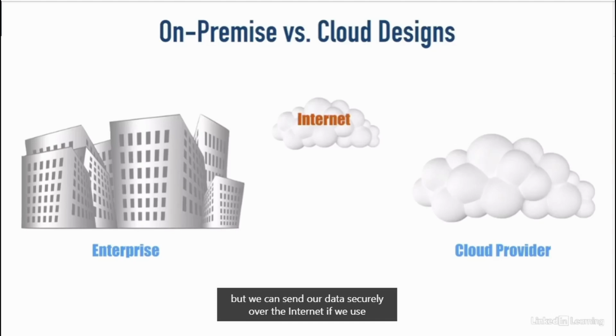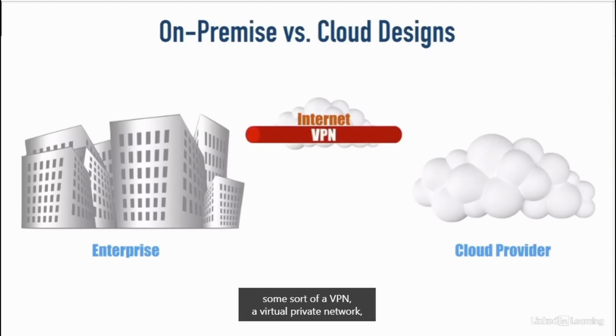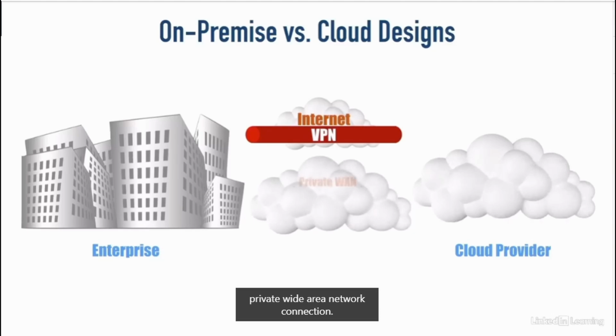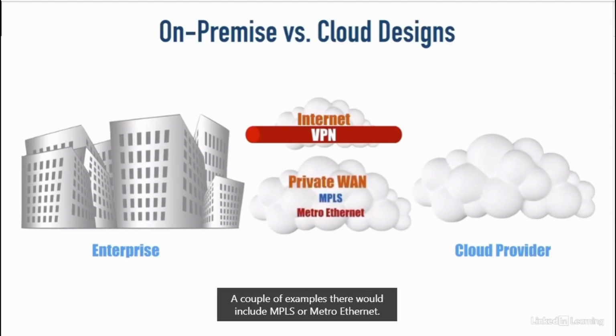But we can send our data securely over the internet if we use some sort of a VPN, a virtual private network, where we're going to be doing some encryption of our data. That way, if anybody intercepts the data, they're not going to be able to read it because it's all encrypted. Another option besides using the internet is to use some sort of a private wide area network connection. A couple of examples there would include MPLS or Metro Ethernet.